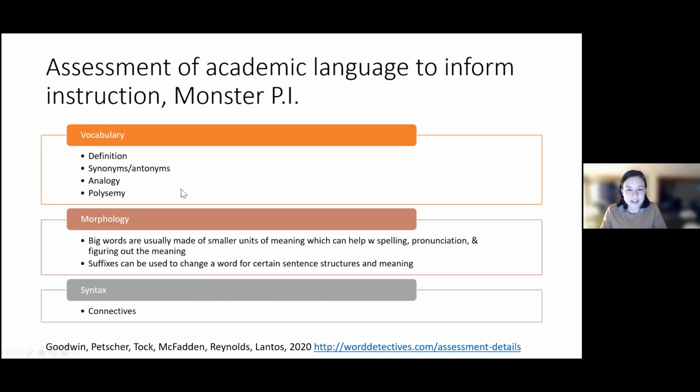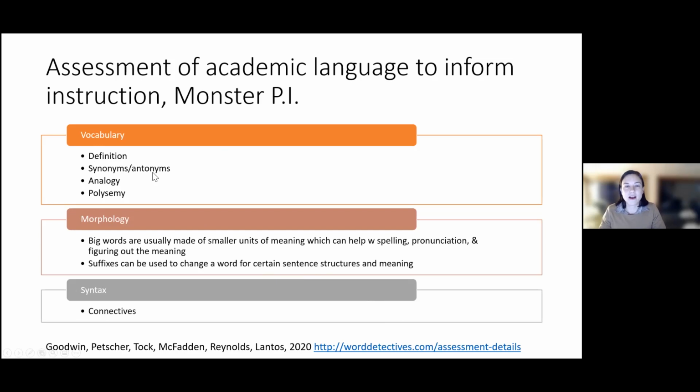And really what I want to use it for today is to give you an idea of the aspects of vocabulary and morphology that are really helpful to consider when you're watching kids use their vocabulary and their morphology for instruction. So for vocabulary, it's not just the definition that's important.